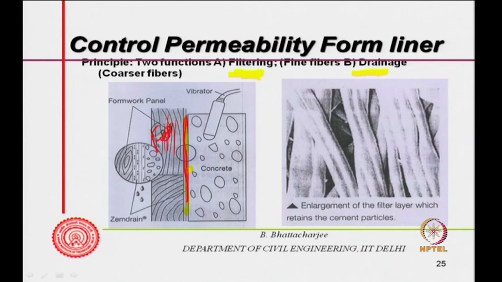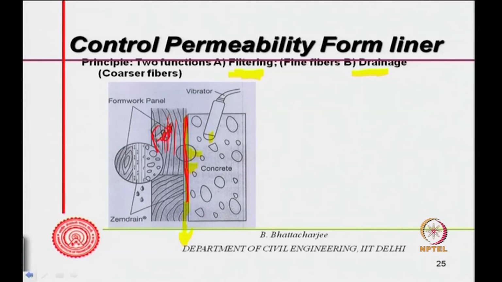On the inner side it allows water to come in, but no solids, no cement particles can enter, and on its back side it has a kind of drainage, so water can drain down below. When you are vibrating, water and air tend to move this side, so it takes out the air and water and allows them to drain out.